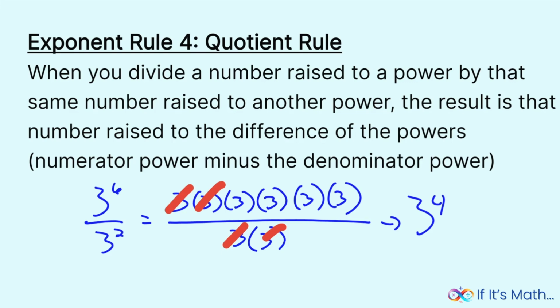So when you think about writing this in rule format, what it tells you is that if you have x to the m divided by x to the n, then it's going to be x to the m minus n. So the order here matters. The numerator exponent goes first, and the denominator exponent goes there.